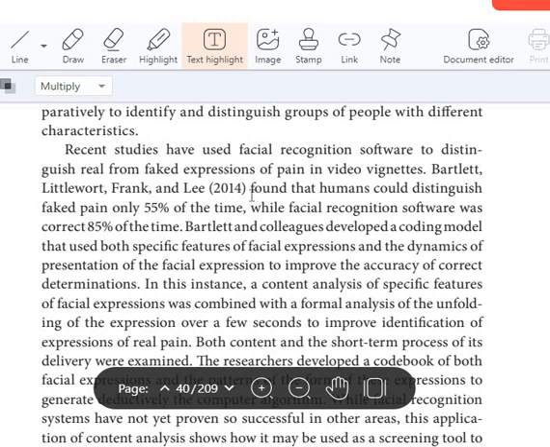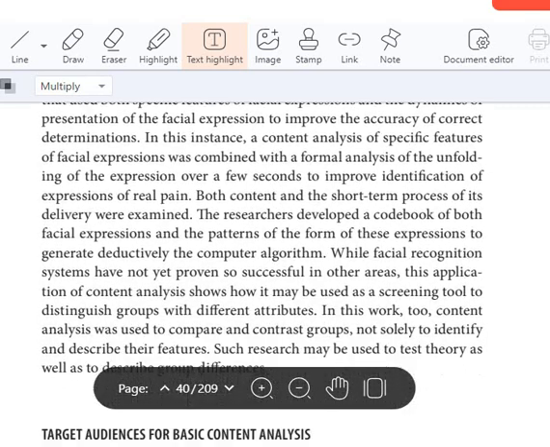Those researchers found that humans could distinguish faked pain only 55% of the time, while facial recognition software was correct 85% of the time. So it is used here just to analyze the facial expressions of people. We should understand that this approach is not only for textbooks. You can use it in different fields. So it is so important.